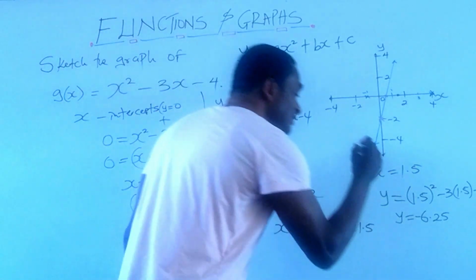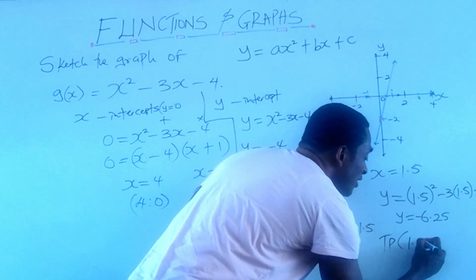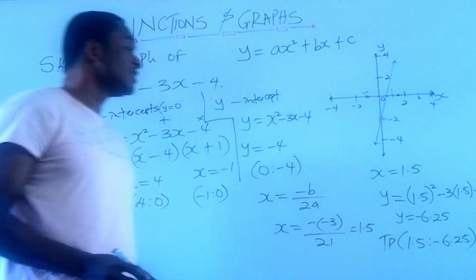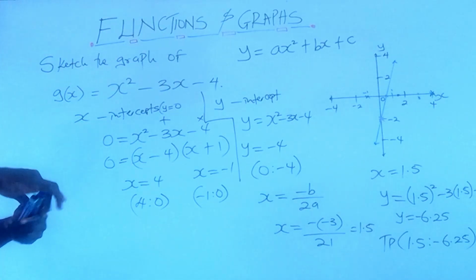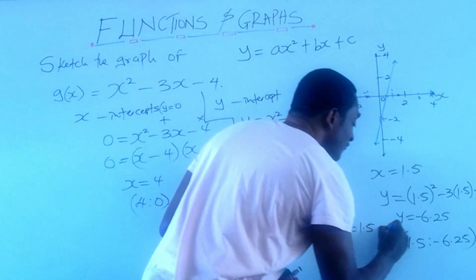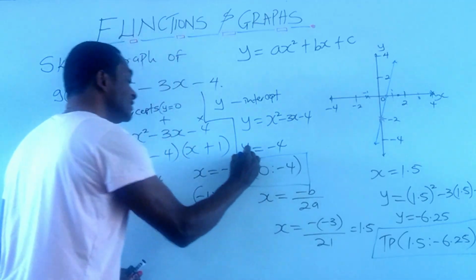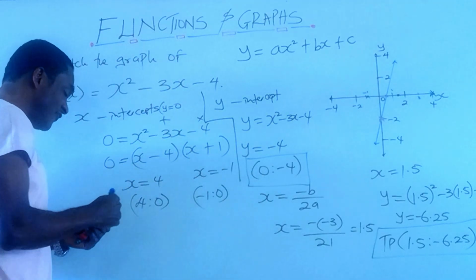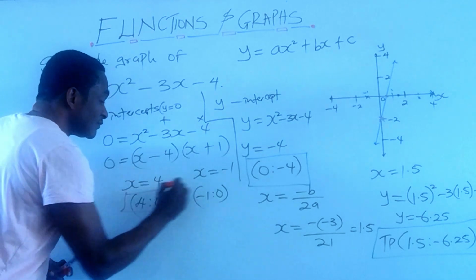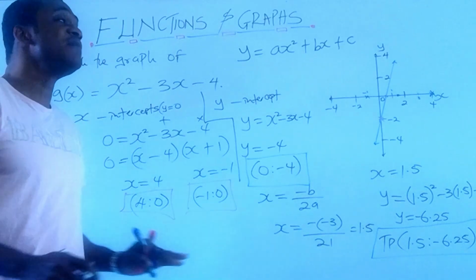It means that the coordinate of our turning point is 1.5 and negative 6.25. And I'm telling you, with these 3 coordinates, you can sketch your graph. We have our y-intercept, and we have our 2 x-intercepts. And with these points, we can easily sketch any parabolic function.